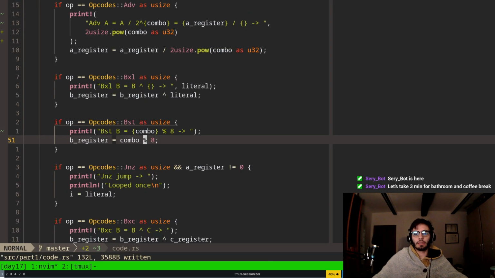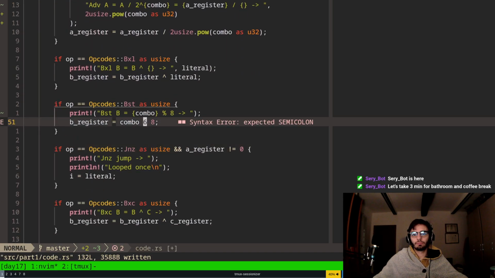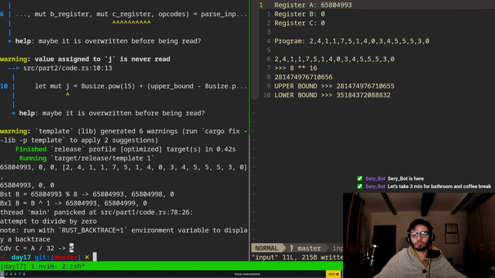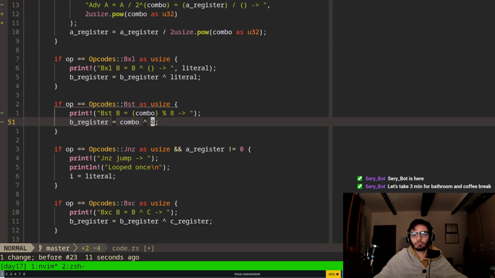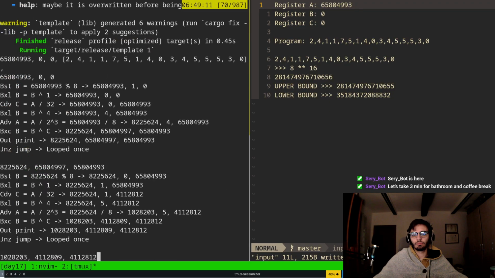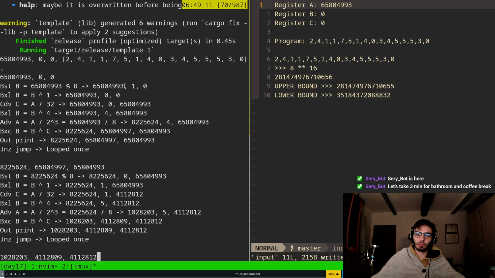I could have sworn that they did mod 7. So anyway, that keeps the last 3 bits. I don't know how you revert because you lose a lot of information.